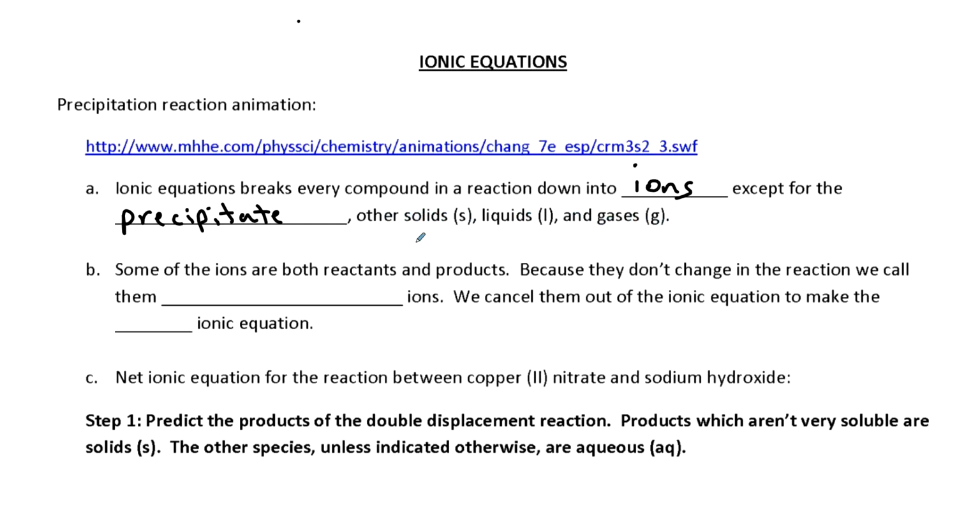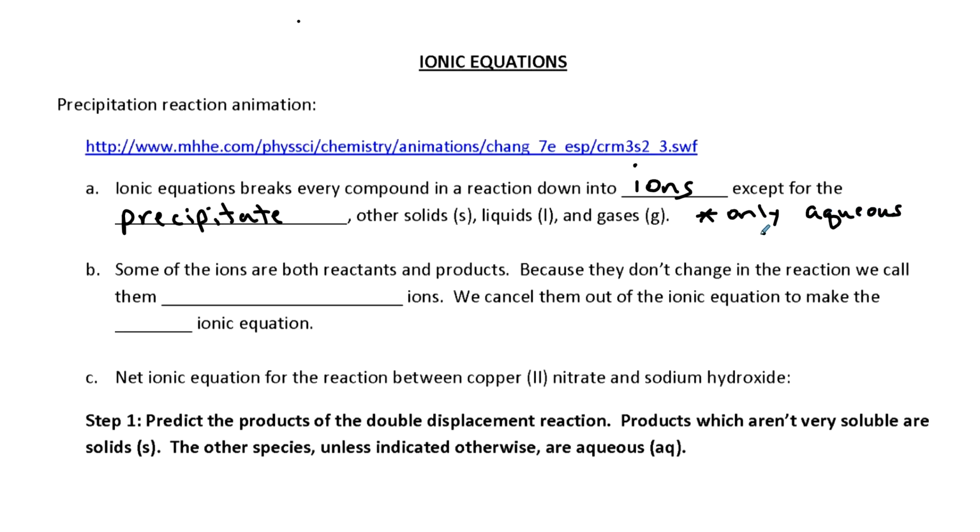So you may be thinking to yourself, well, if none of solids, liquids, and gases break into ions, what does break into ions? Only aqueous substances. Only things that are in solution.